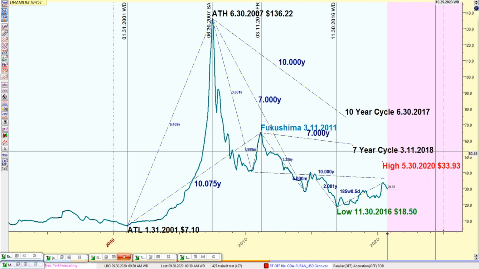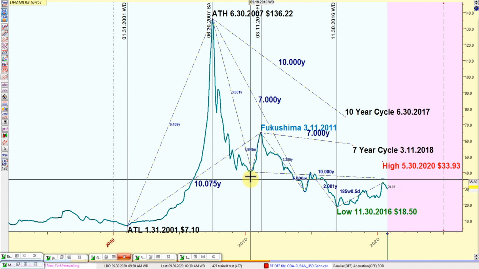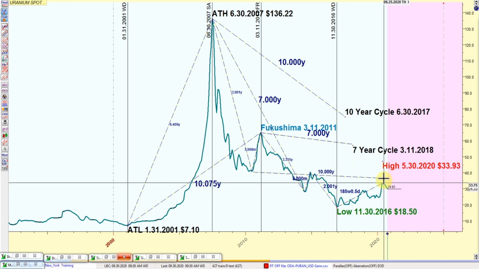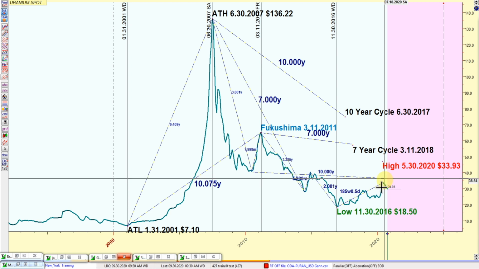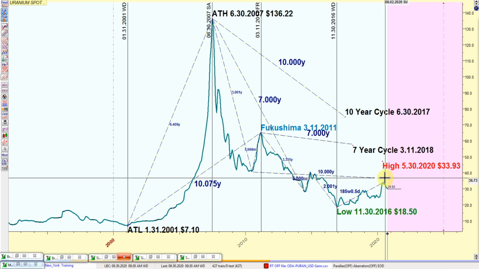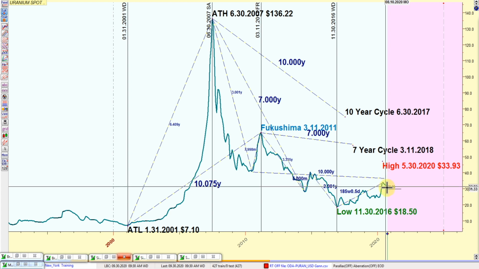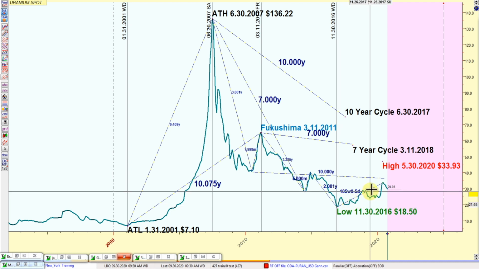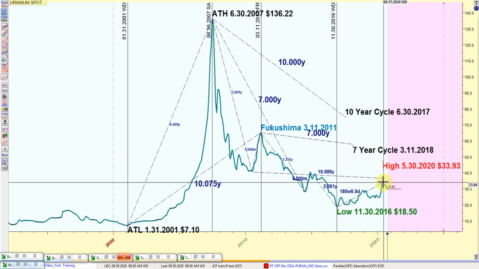Let's continue. From this low right here, we go 10 years out. Look what's happening. Just a little bit from May, we just hit a 10-year, and prices are starting to turn. So we have price and time that met together.